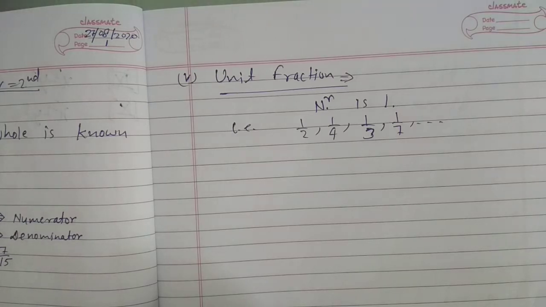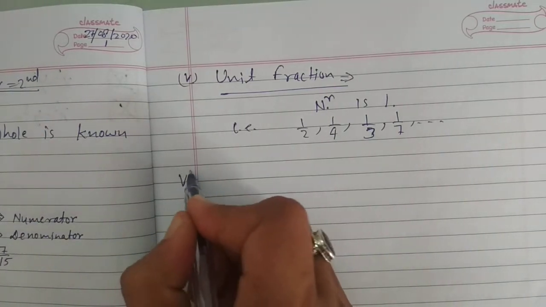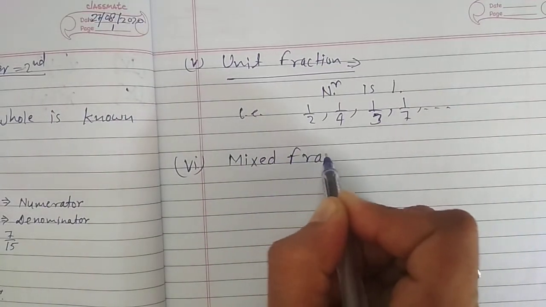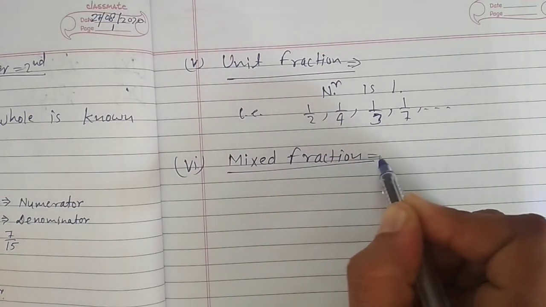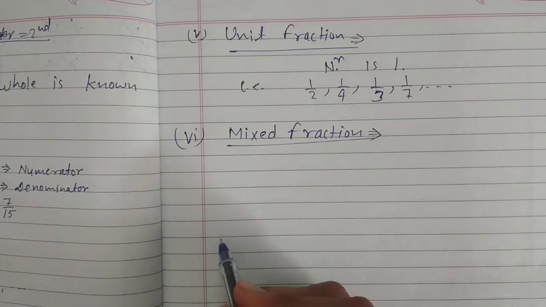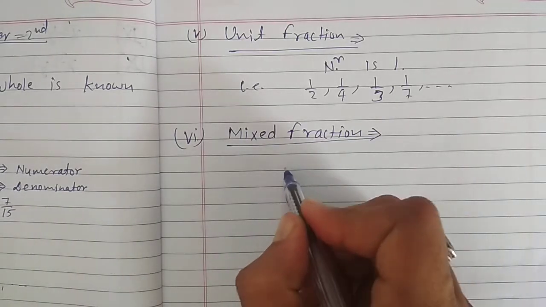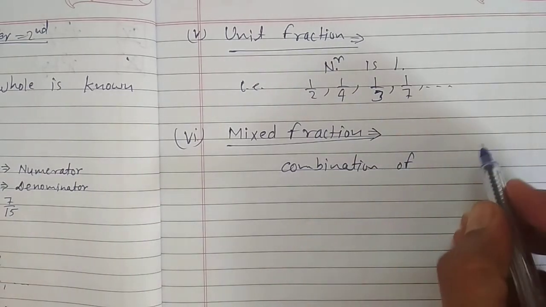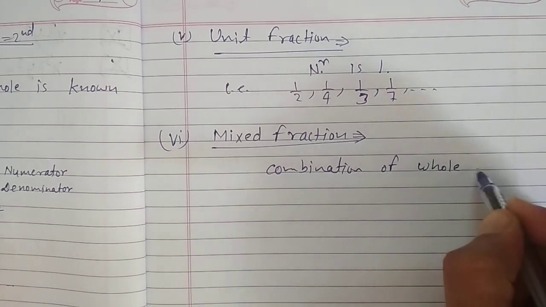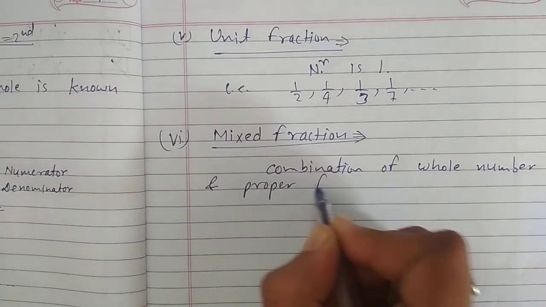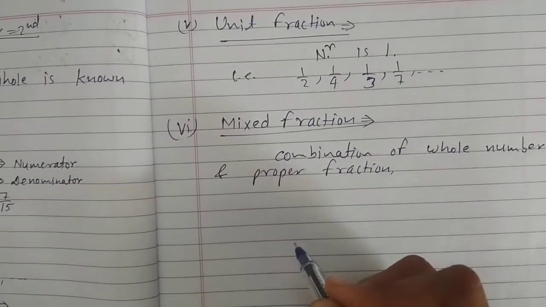Now, the next one is mixed fraction. Mixed fraction, that means a fraction obtained from an improper fraction, or the combination of a whole number and a proper fraction is a mixed fraction.